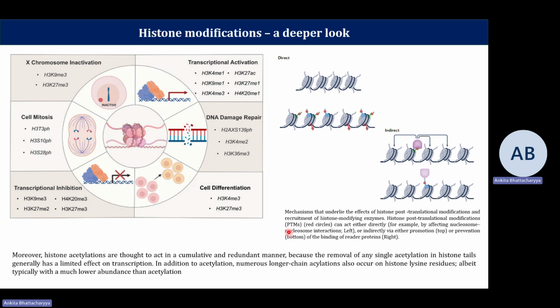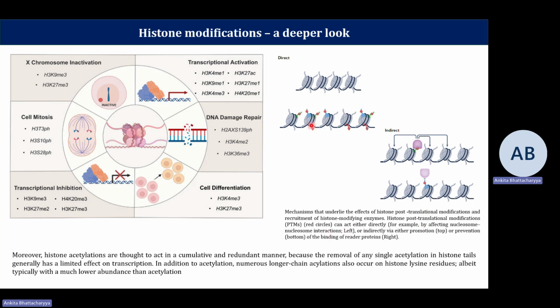Certain mechanisms underlie the effect of histone post-translational modification and the recruitment of histone modifying enzymes. For example, histone post-translational modifications or PTMs can act directly, by affecting nucleosome interactions, like you can see on the left.